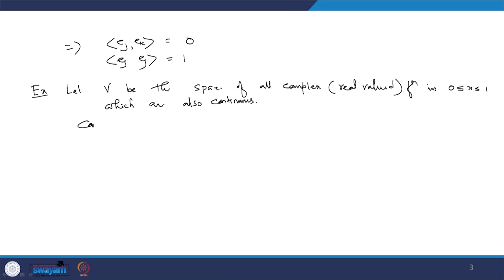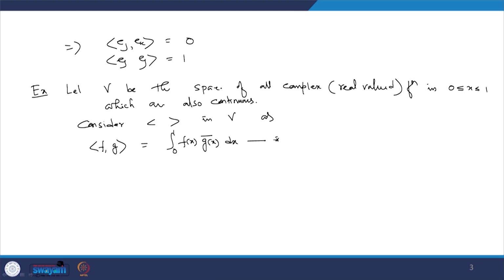Consider the inner product in V as the inner product of f and g equal to the integral from 0 to 1 of f(x) g(x) bar dx.